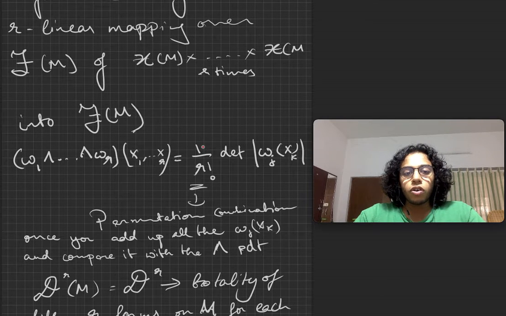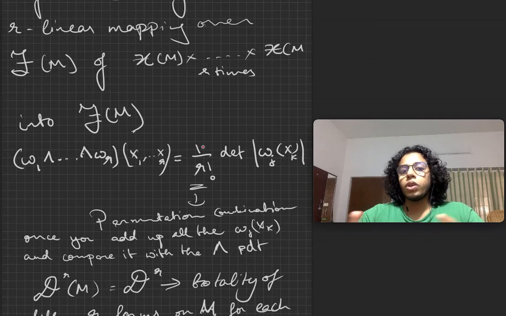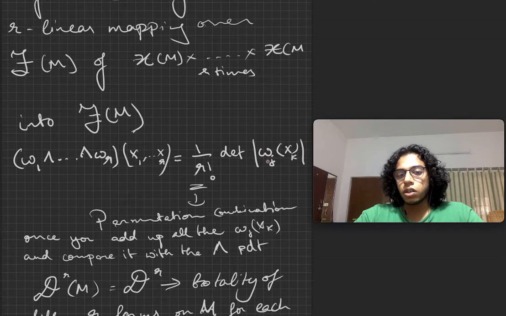The wedge product of r omegas, or r one-forms, with respect to the coordinate basis or coordinate neighborhood, is nothing but 1 by r factorial times the determinant of omega_j of x_k. So x_k gives you some particular neighborhood.